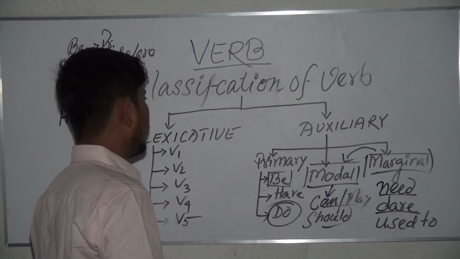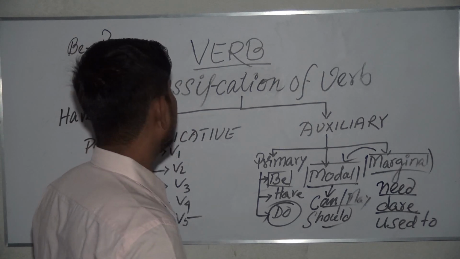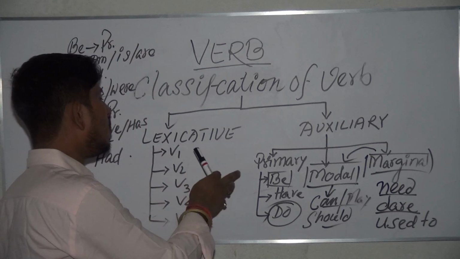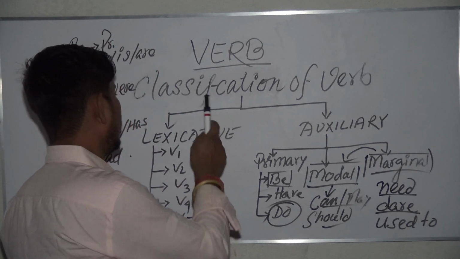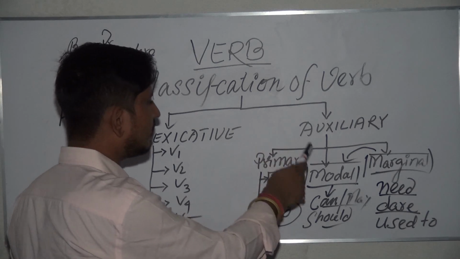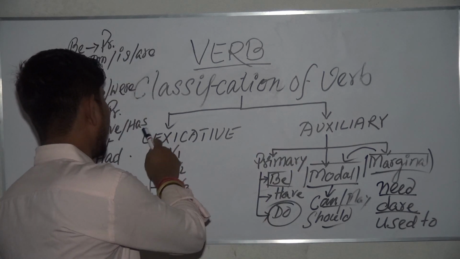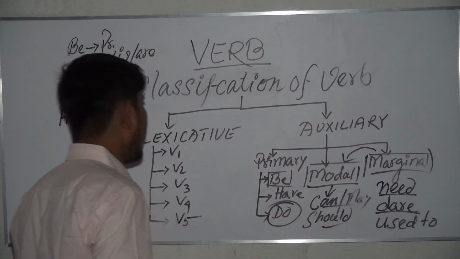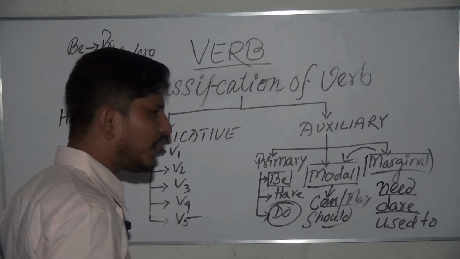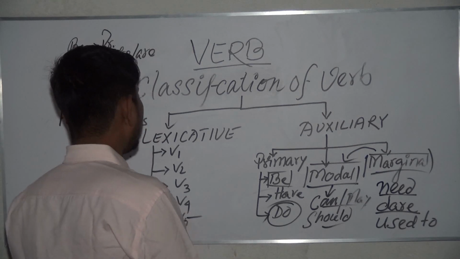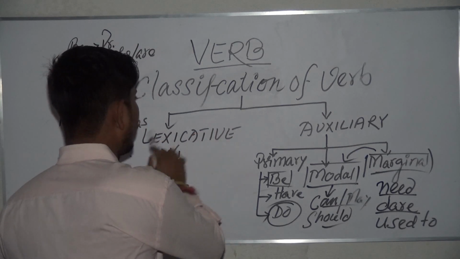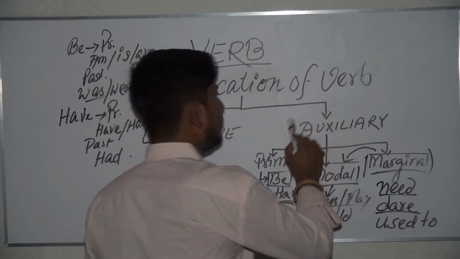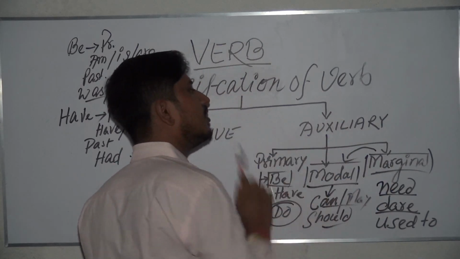So here in our entire concept, we know about the classification of various verbs, classification of lexicative verb, classification of auxiliary verb, and now we are going to learn about some features of lexicative verb and the features about auxiliary verb.